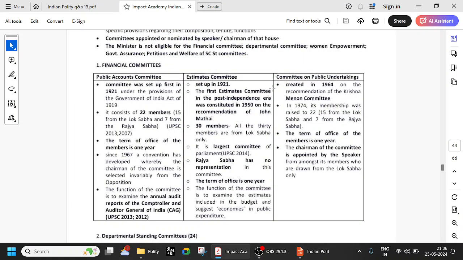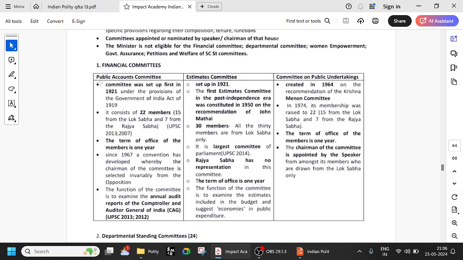Committee on Public Undertakings is Krishna Menon Committee, 1964. And the Estimates Committee was on the recommendation of John Mathai. Very important. Okay, Estimates Committee is on the recommendation of John Mathai, and Krishna Menon Committee is the Committee on Public Undertakings. This is 1964.